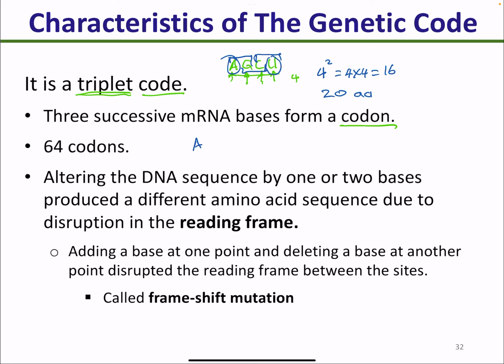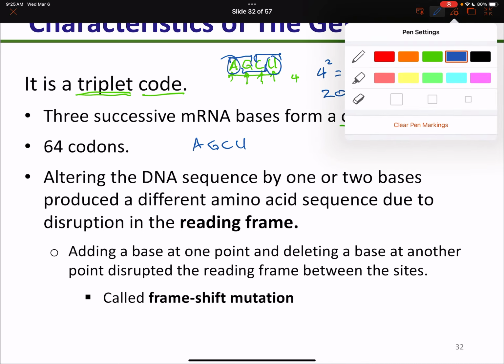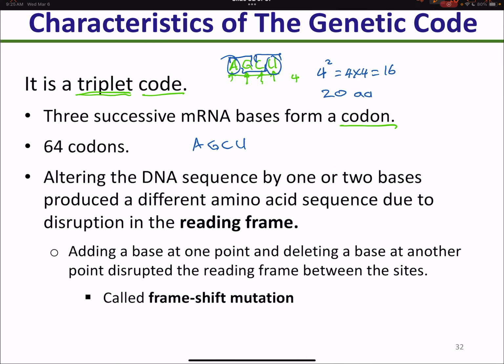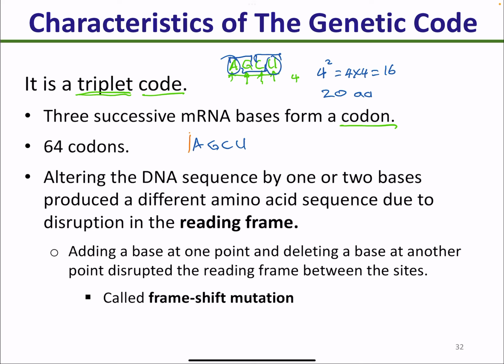So our A, G, C, U is going to now be, for a different color, please bear with me. So we're going to say AGU, it's a possibility. GCU, it's a possibility.